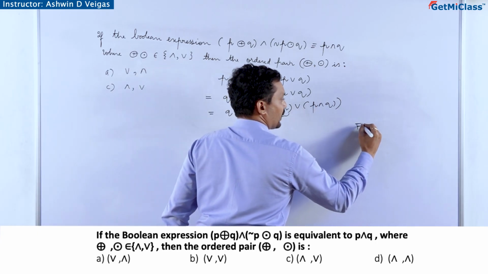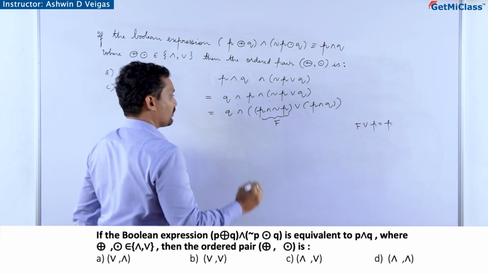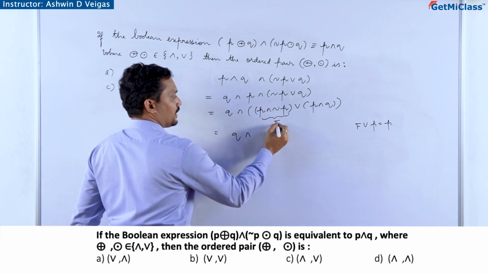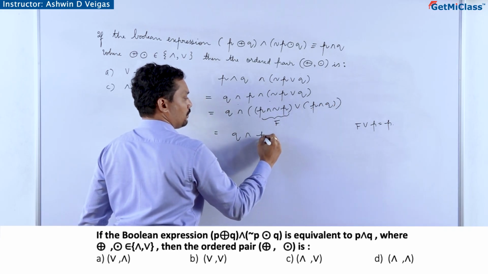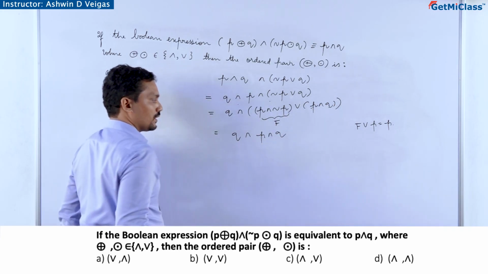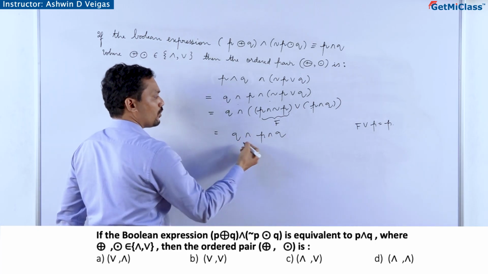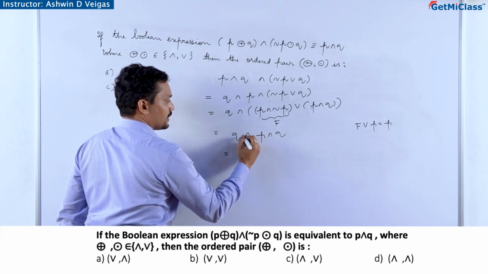Now note that fallacy or P will be same as P itself. Therefore this will be Q and fallacy or something will be the same thing. So this will be P and Q. Okay, now again, since it is the same operation, obviously the answer is P and Q. Otherwise you can interchange this.